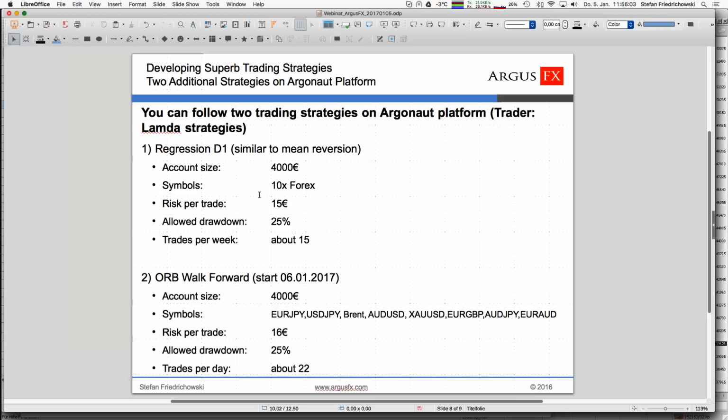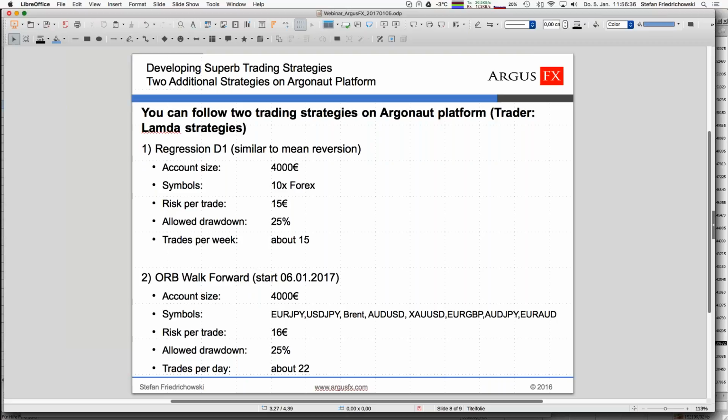So this strategy starts tomorrow, and you can follow it if you want on the Argonaut platform, and all of it is done on the so-called Lambda strategies, who is the owner of all those activities. If you have any questions about how to do that, and you are not familiar with how to set up Argonaut, it's quite easy, but I can help you if you want.